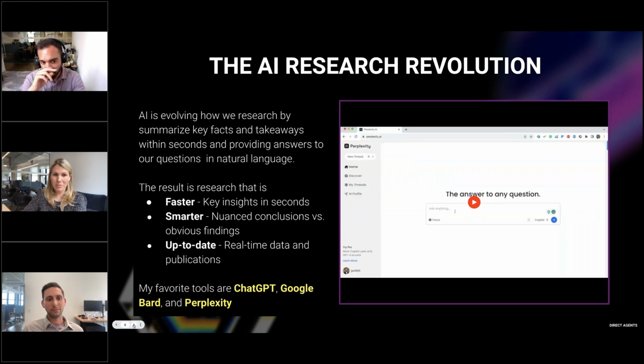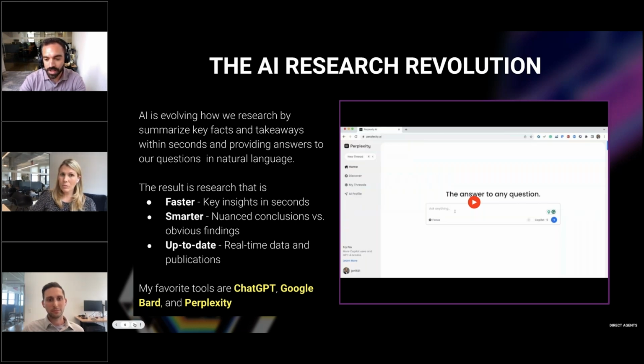So taking a step back from the marketing world and looking at the overall business world, anyone within business, how can you use some of these AI tools to make your life a little more efficient? I've realized there are 3 different categories outside of generative AI: research, some quick content data analysis, and finally day-to-day automation. So let's start with research.